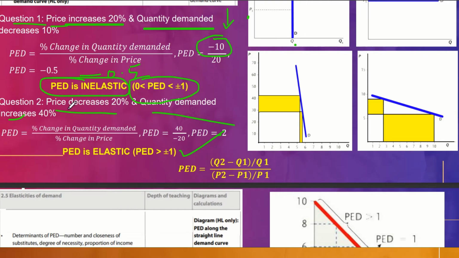Sometimes you may not have the percentages given, so you can use this formula to calculate the PED value. This is called the midpoint formula. PED equals (Q2 minus Q1) upon Q1, divided by (P2 minus P1) upon P1. This formula you can also use to calculate the PED.